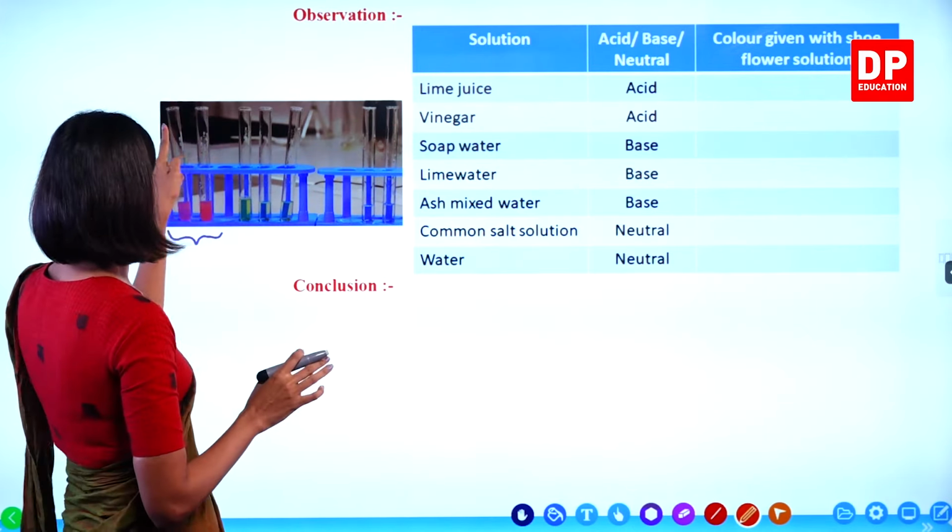Now here we have the table: the solution we used, whether it's an acid, base or neutral substance, and the color given with shoe flower solution. Okay, children. So with lime juice and vinegar, acids gave one color. I will simply write, all together, shades of red.